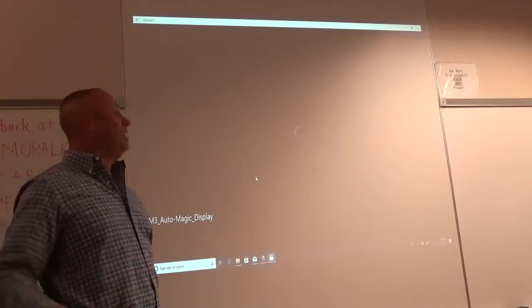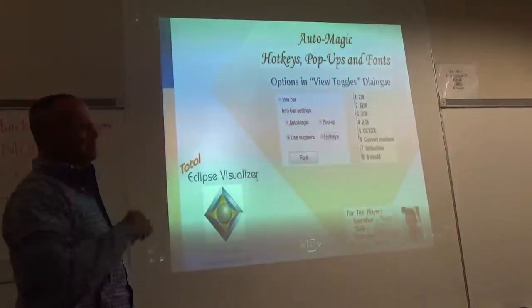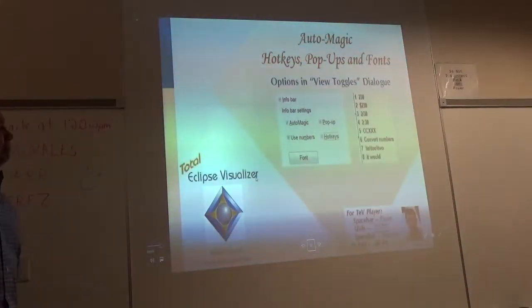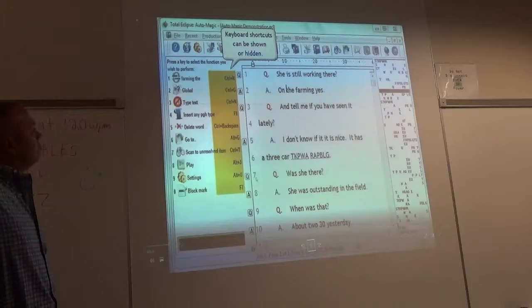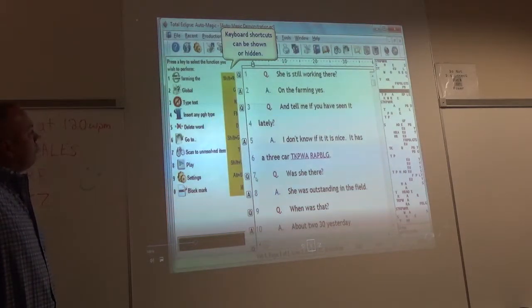She's gonna have company. Hotkeys, pop-ups, and fonts are a few AutoMagic display options that are found in the View Toggles dialog. Let's see. At the right edge of the info bar, AutoMagic can show these speed keys or hyperkeys that are available as keyboard shortcuts.